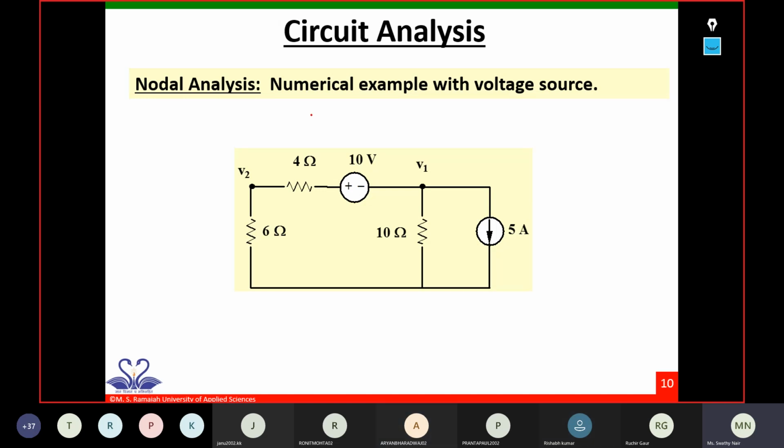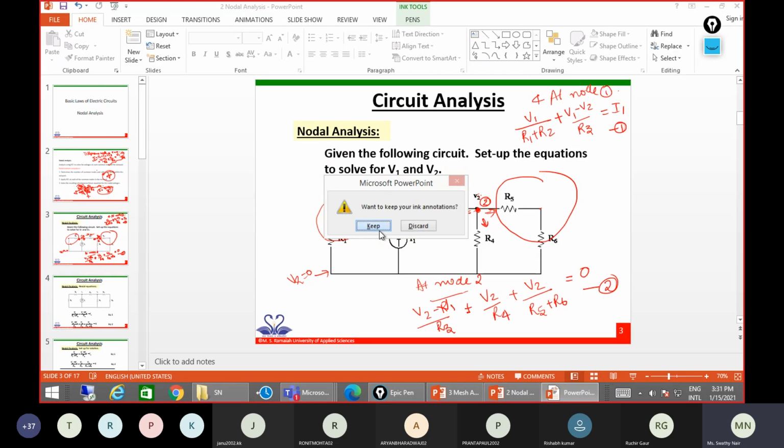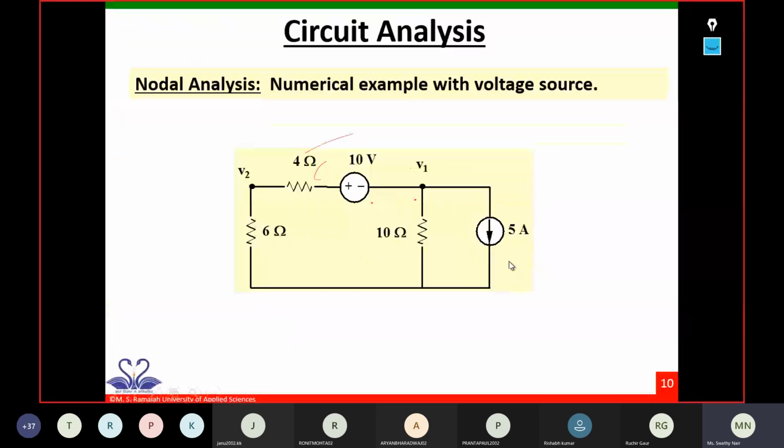Okay, so this is my first node and this is my second node, right? First node, tell me the equation. V1, these currents. Tell me.